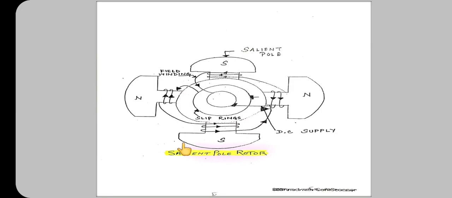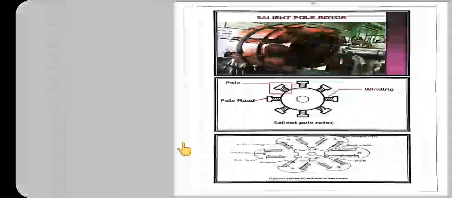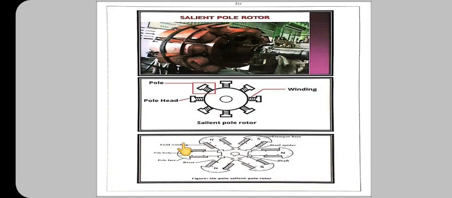For that, salient pole type rotors have a large diameter and short axial length. This picture shows a practical image of a salient pole type rotor. Here also we can see that the diameter of the rotor is very large and the axial length is very small.